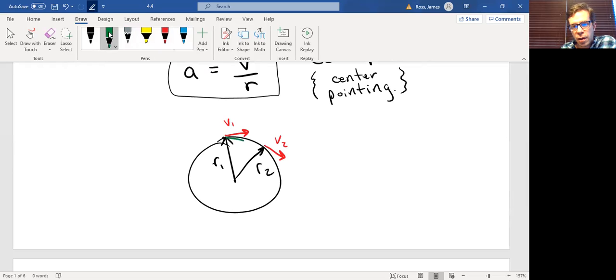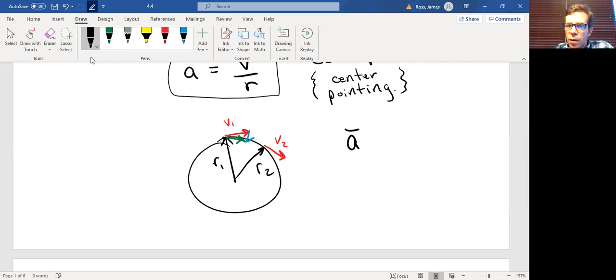I shift my V2 over here, and I talk about my delta V between those vectors. It's center pointing. If you consider that they have the same length, and if we take that differential value and let it get as small as possible, so these two positions are approaching an instantaneous value, you see that the acceleration is inward pointing. And that's the last part. We just talked about the magnitude, so now we have the direction.